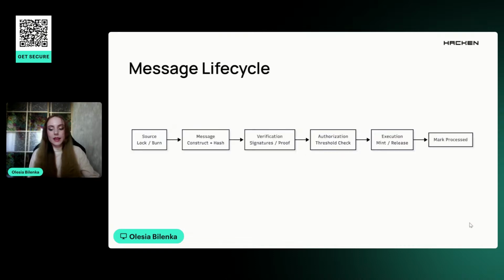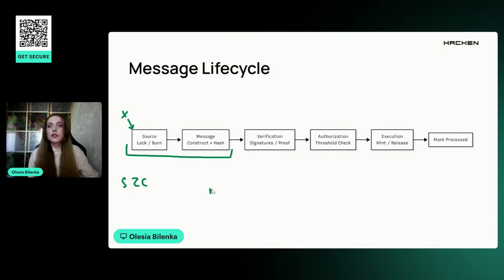Let's look at the canonical execution of the lock and mint bridge. Everything starts on the source chain. These two steps belong to the source chain, where everything starts with the user depositing, let's say, X amount of tokens to the source bridge, where those tokens are locked or burned, depending on the bridge type.